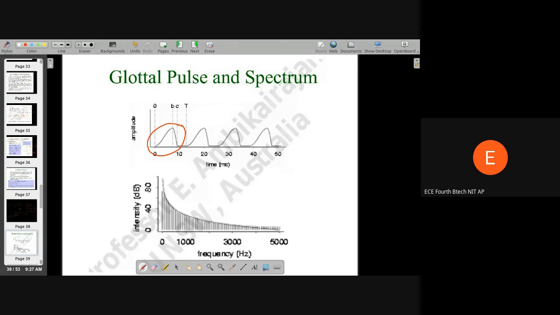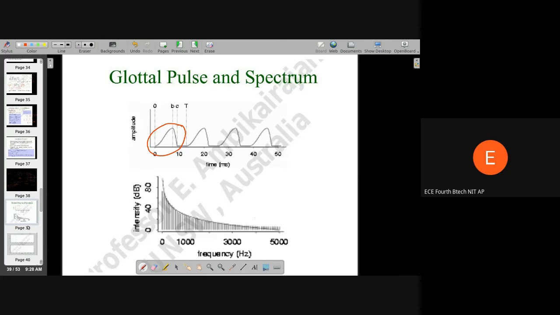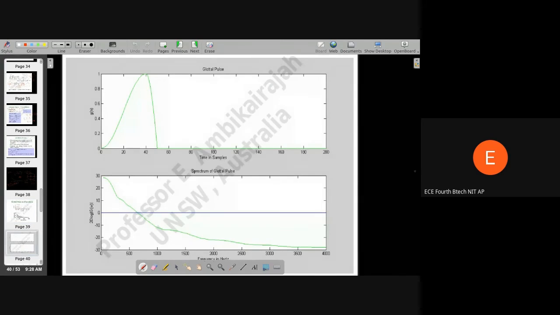And when you then use your train of impulses, it comes out to be this shape. And in the time domain, let me show you. Yeah, this is the shape that comes out.